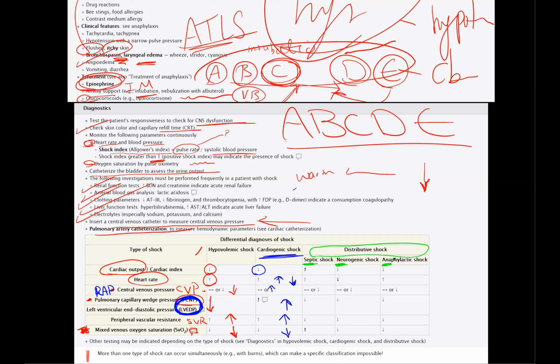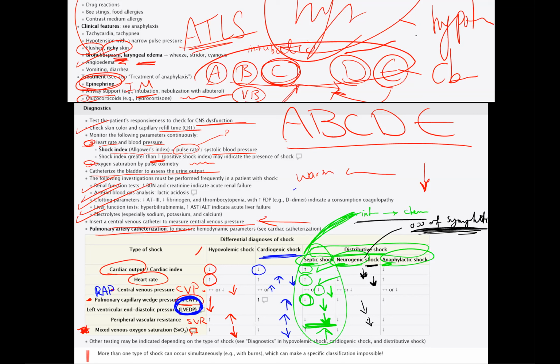Okay, because of bradycardia and low cardiac output and loss of sympathetic tone, we will have low pressures inside the right atrium and left atrium because the heart strength is lost because of loss of sympathetic tone. So we will have also CVP low and peripheral vascular resistance low. Okay, why here? Because of the peripheral pooling of blood, like septic shock, the same as septic shock.